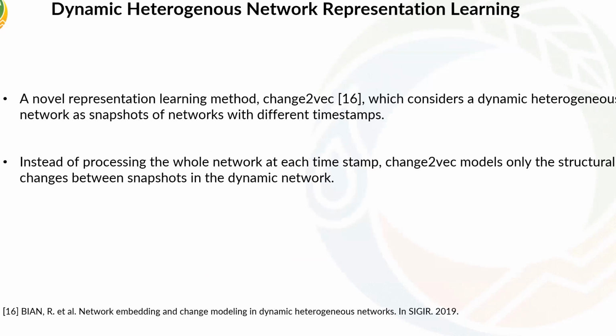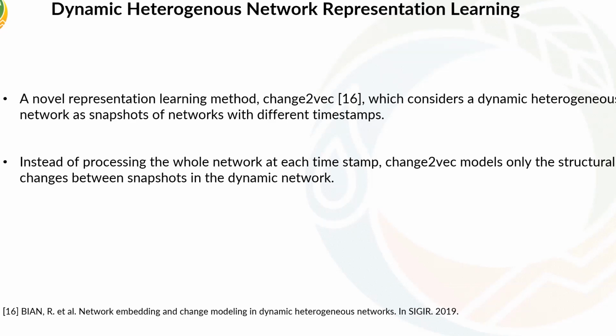Then we come to the last type of network, which is dynamic heterogeneous network, which means the network contains multiple types of objects and relationships, and in the meantime, it changes over a period of time. Most existing research on network representation learning focused on the first three types of networks.